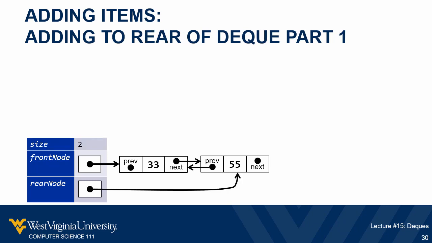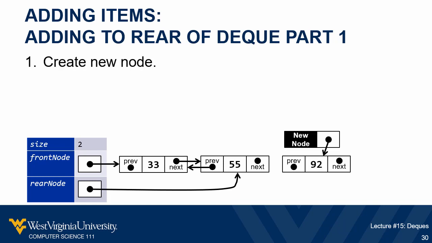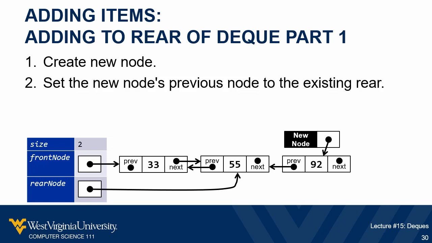Adding on to the rear of a deck that already has contents is more or less the mirror image of what we did when we were adding on to the front. We're going to start off by creating a new node, and in this example on the screen here, it's got the value 92. Once we have that new node made, we're going to update its previous node field to point at the existing rear node. So we're going to update, in both cases, the link coming off of our new node first.